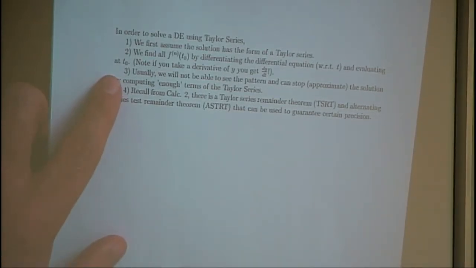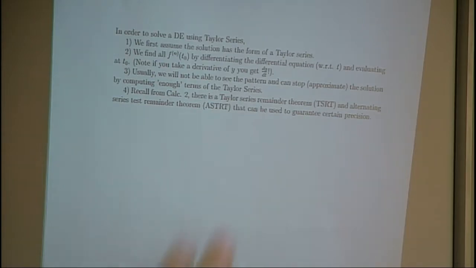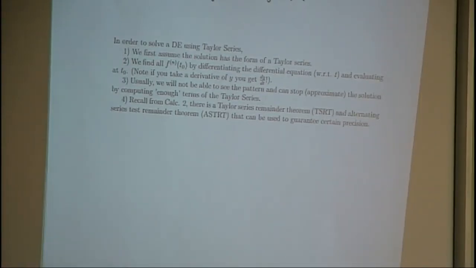Okay, usually we're not going to be able to see a pattern and stop, but we will stop at a finite number of terms. Optimally, you would use a computer package to generate lots and lots of these terms, but we're only going to do them by hand. So we're going to find enough terms for our examples.